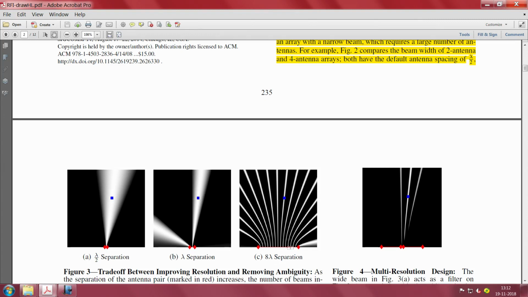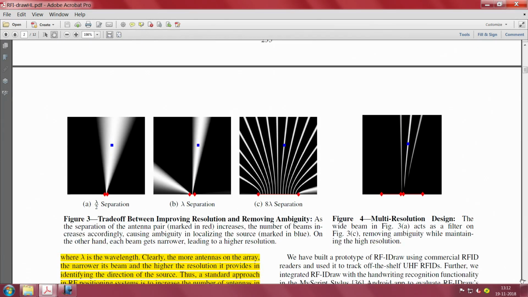Supposing you had 8 lambda separation, this is A, please note, again I am connecting it to A. What if you had a separation like this, which is essentially the white beam in figure 3A; this A acts as a filter on figure 3C, removing ambiguity while maintaining high resolution.